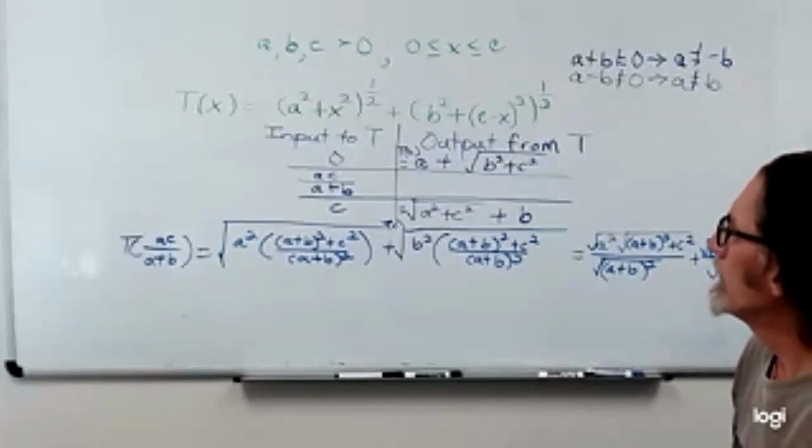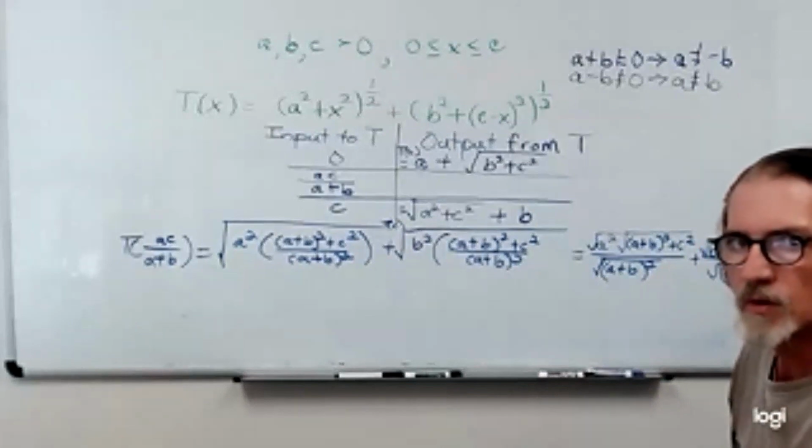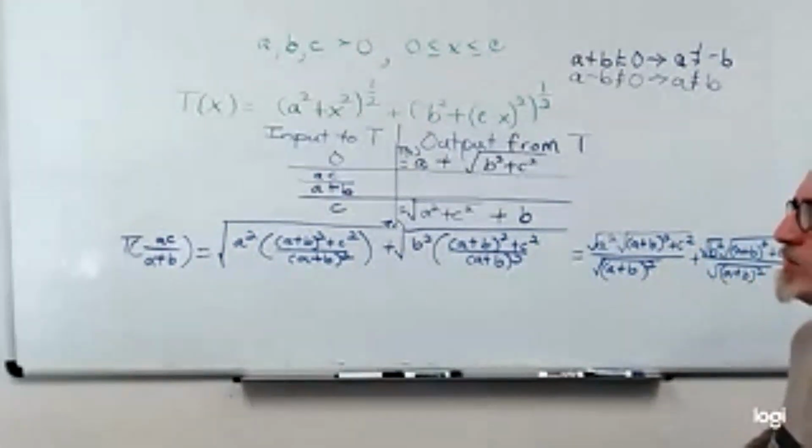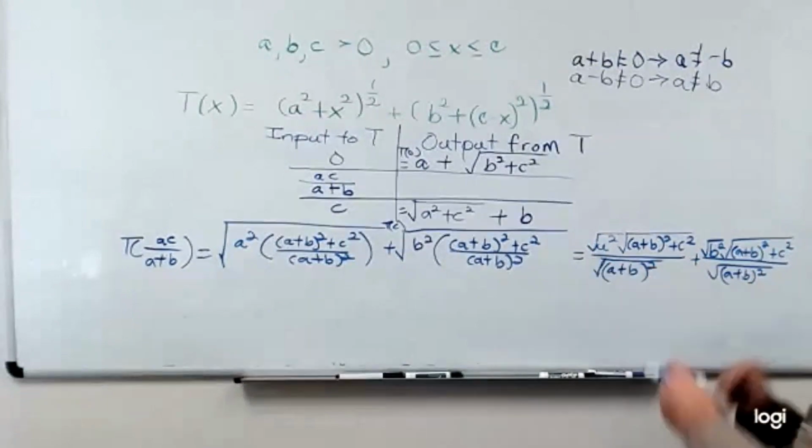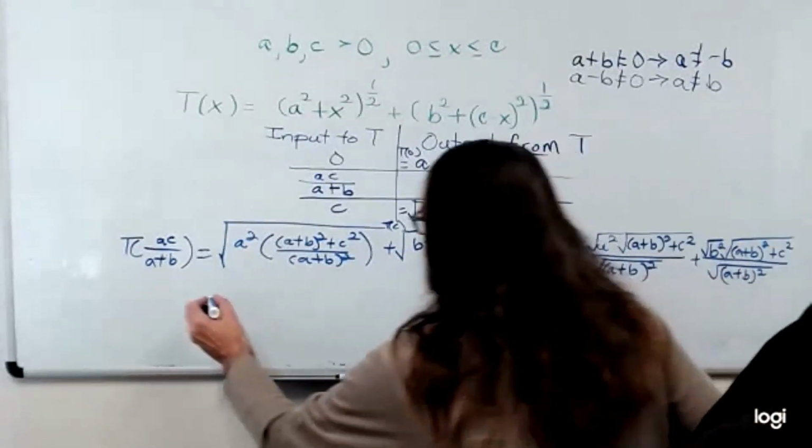Because a and b are strictly positive, a plus b will also be strictly positive. So taking the square root here, here, and in the denominator, here's what we see.